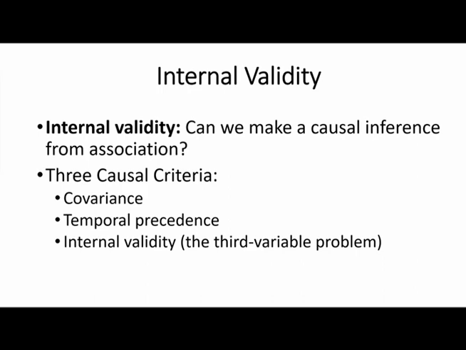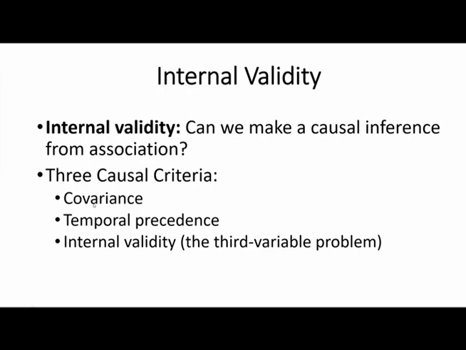And so when we're looking at internal validity, we're basically seeing how close can we get to making this causal inference, to assuming a causal relationship. And so we're going to start talking about our 3 causal criteria, the 3 things that will allow us to make a causal inference, where we can assume causation.